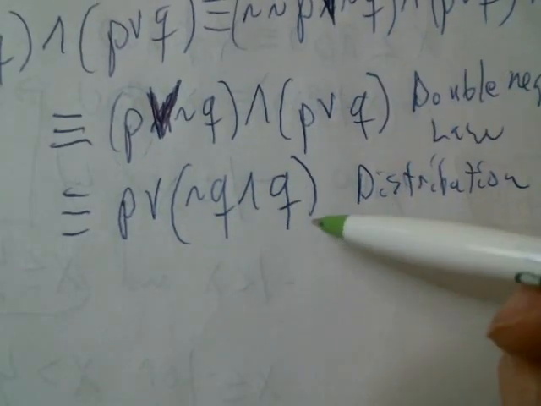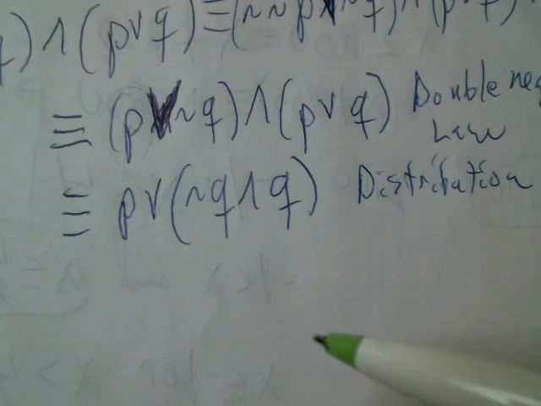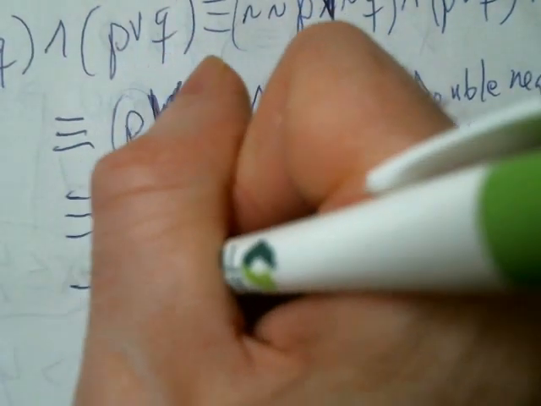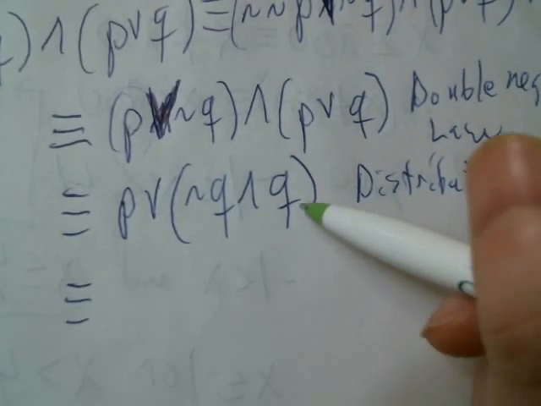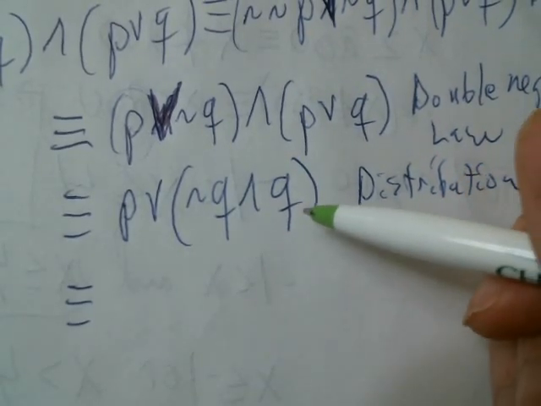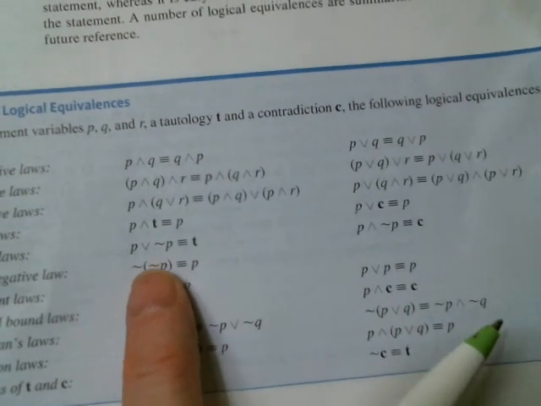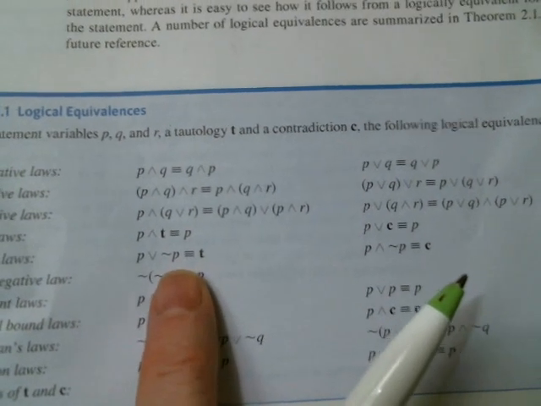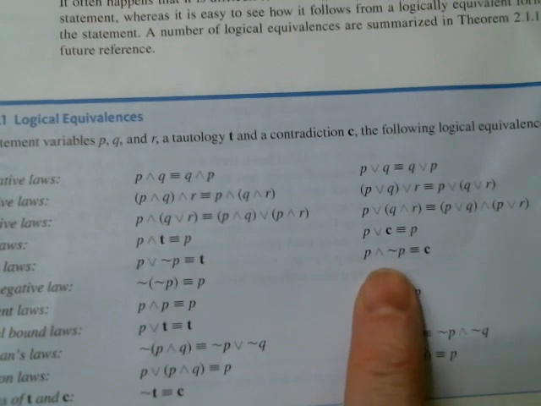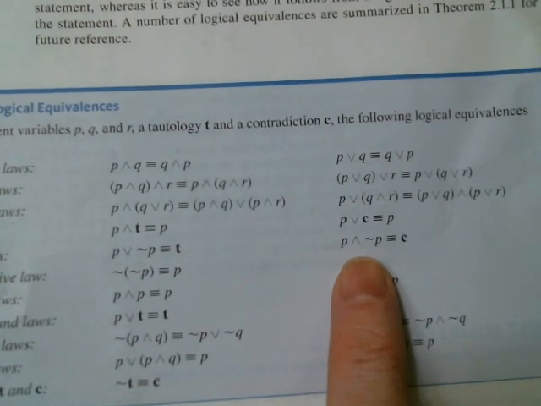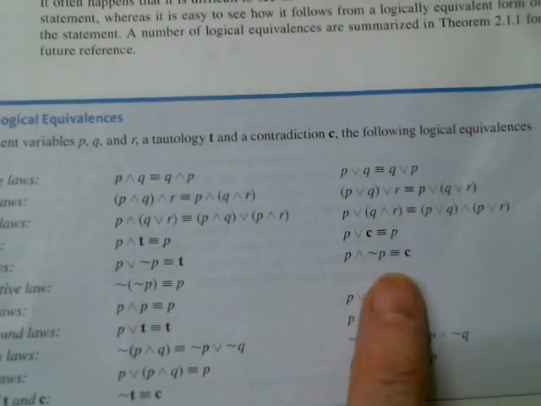Then this not Q and Q, that's one of those contradiction type things, right? You can't have it both ways. I can't be alive and dead, right? So we can simplify that, but in order to simplify it, we need to put it in the exact form that we would use in our table. So this is what we want to get at. P and not P is equivalent to a contradiction.